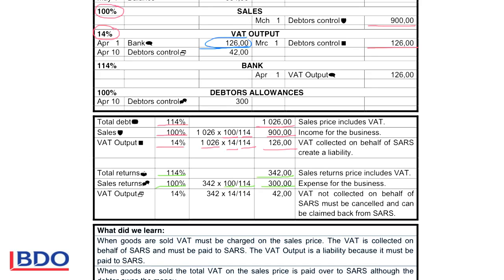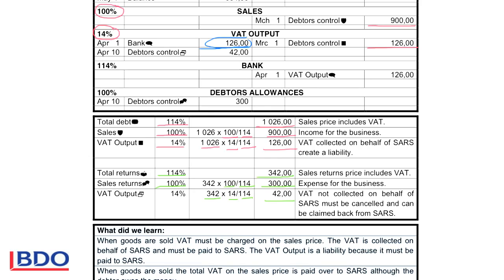The VAT is the 14%. So to calculate it on the total 342, the one that we want to calculate is 14, divide by the one that we know, the 114, and that will give us 42 Rand. So this 42 Rand means that we didn't collect this portion of the VAT on behalf of SARS. So we can now claim it back.